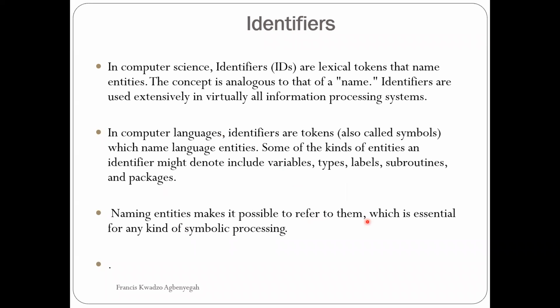It's just like when you were born, you were kept in a room for 7 days. When people come to visit you, they just say baby girl, baby boy. But we can't continue using that name for you. When you are growing, they give you a name, for example, Praise. But when you come to the school, we don't want to be calling you Praise. So we have also given you an ID. That ID now becomes your identifier.